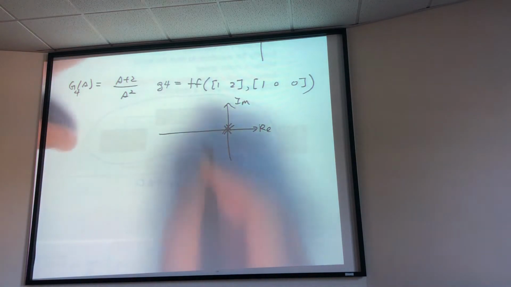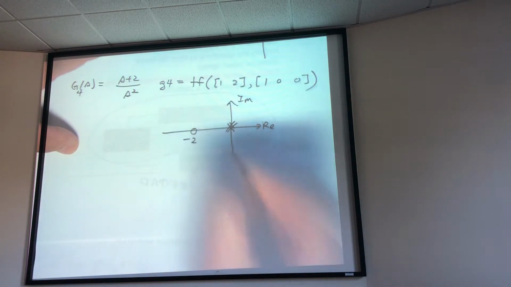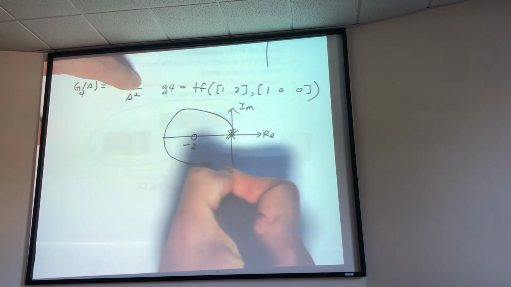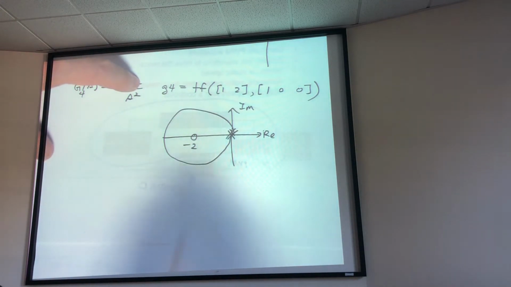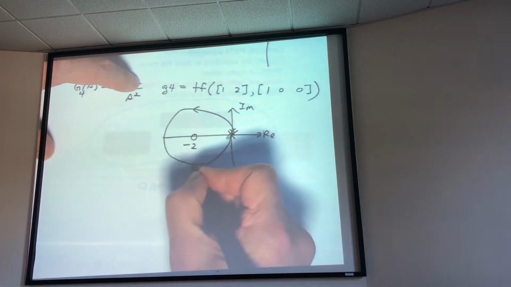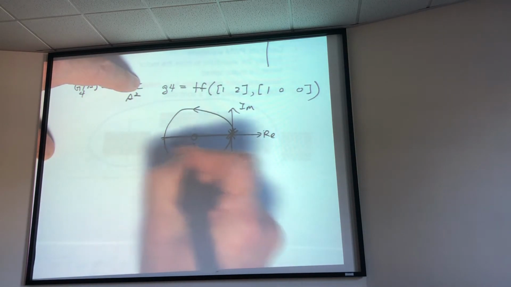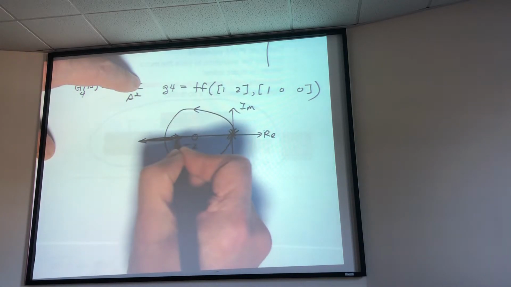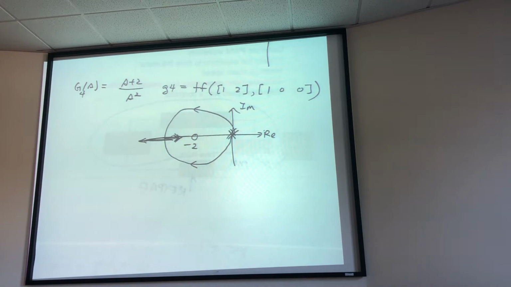There's a zero out here at minus 2. I can't draw a circle standing backwards, but this is supposed to be circular.